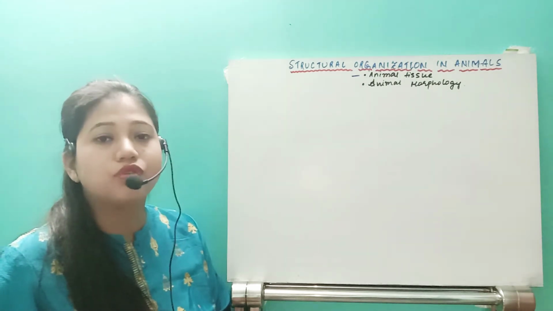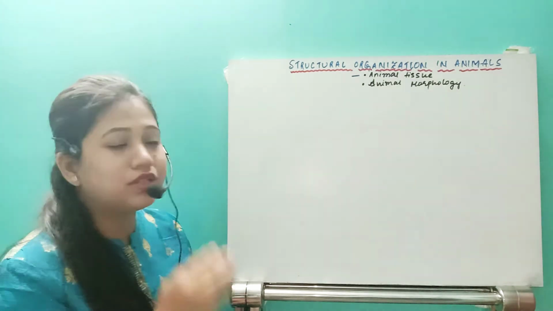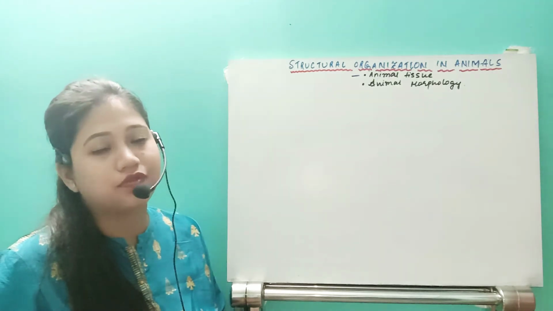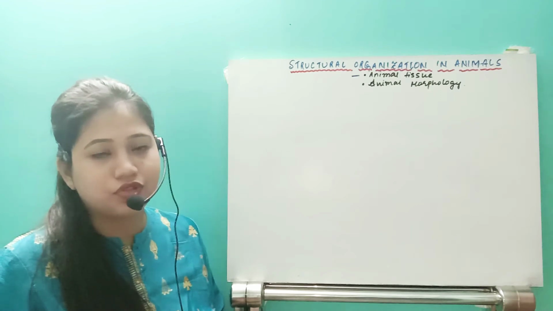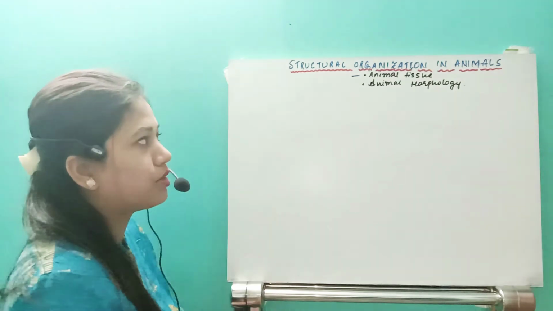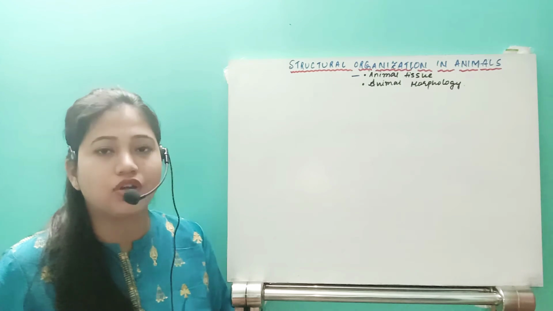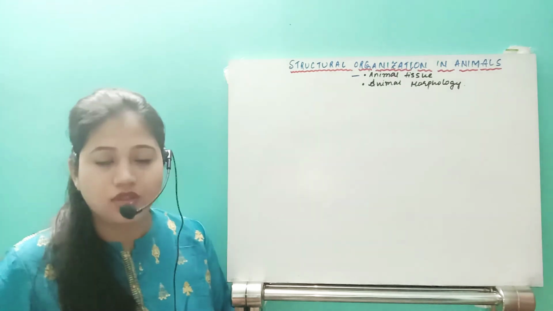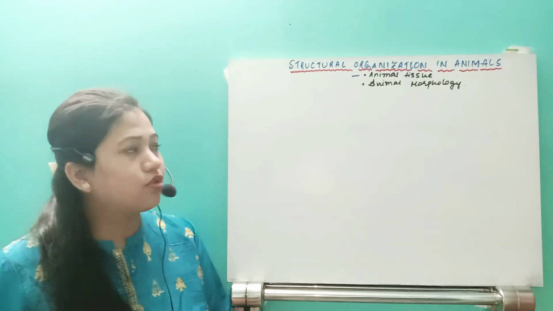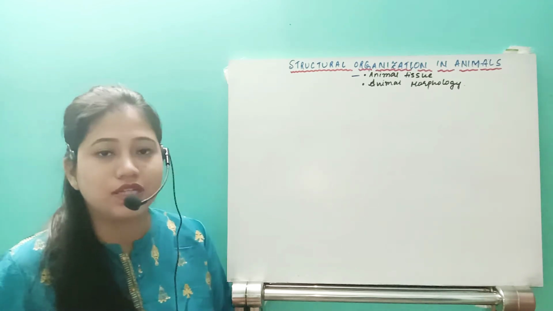And if it comes to NEET point of view, then from the animal tissue part, questions basically can come from the connective tissue different types, or from muscular and nervous tissue also same type of question can come. 1 or 2 questions will come from the animal tissue part, and from morphology part basically you will have the questions from the cockroach. But yes, from the earthworm also you can get questions, right? So this will be the average points that can come in medical NEET examination.